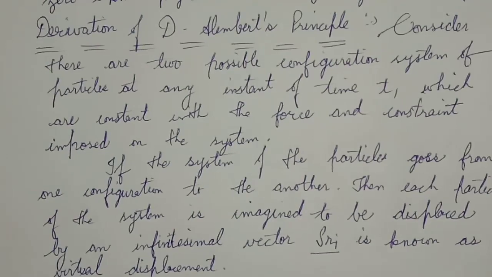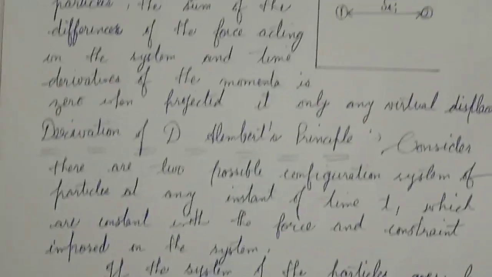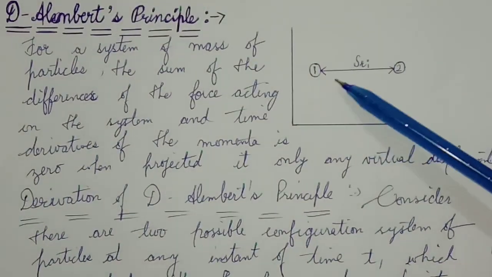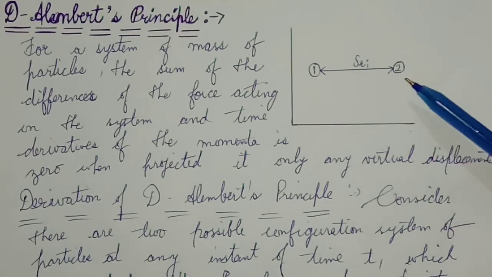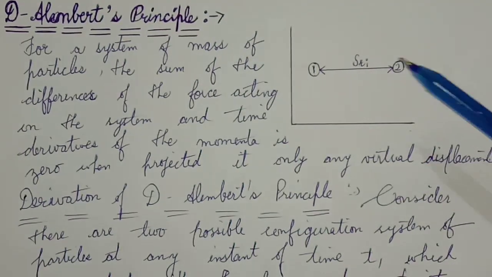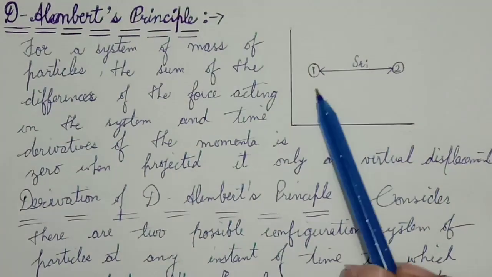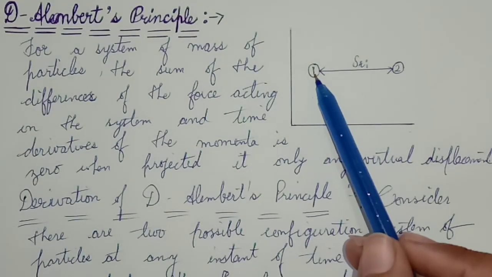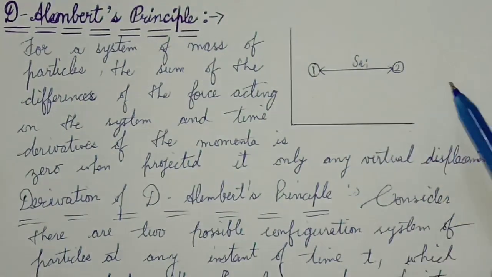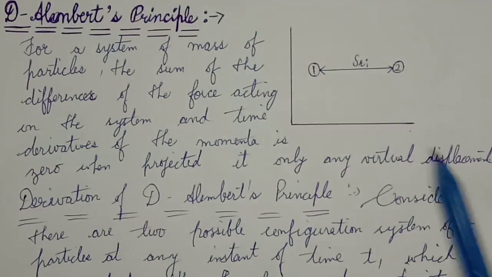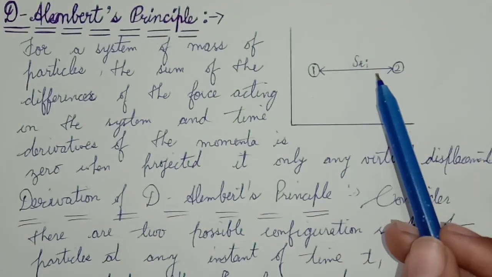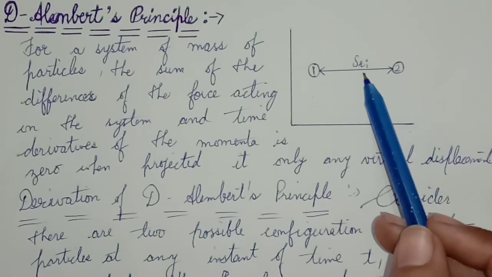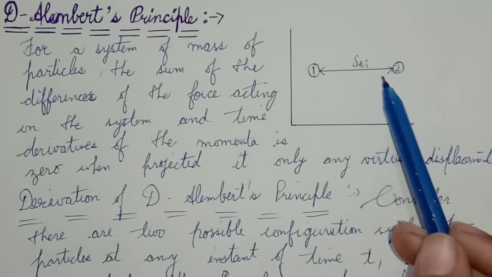That means if the system of particles goes from one configuration to another, when the particle moves from here to here, then we imagine that each particle goes from its mean position to here, then it covers some distance which is known as virtual displacement, which is delta Ri.